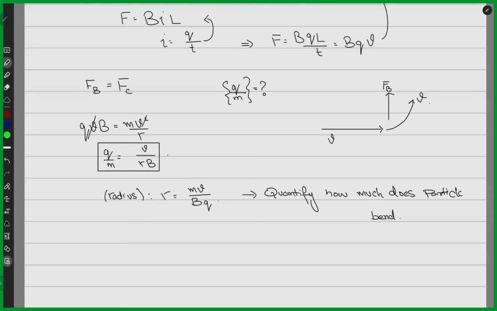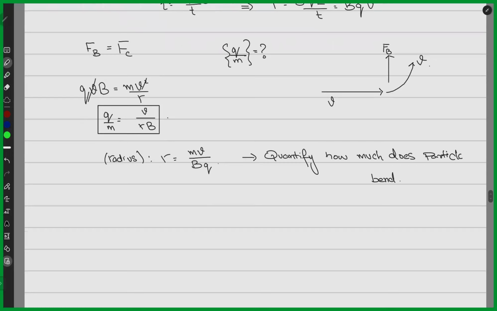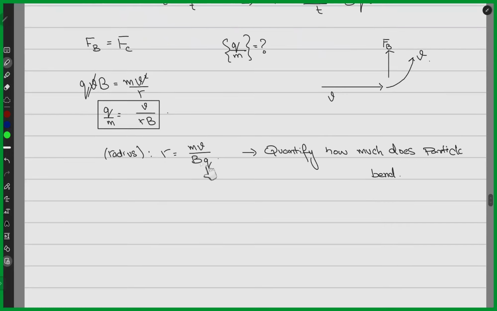Now in this equation, we can directly see a very familiar looking term, the linear momentum. Let's use a small p to write that, which is m times v. Using this, I can write an equation for the linear momentum of this particle moving in a circle.